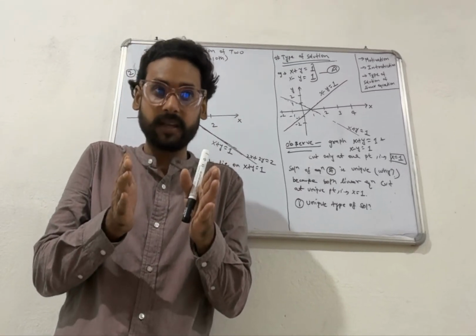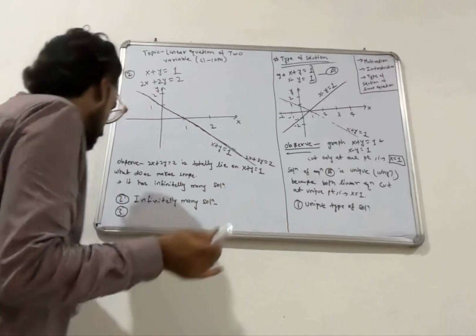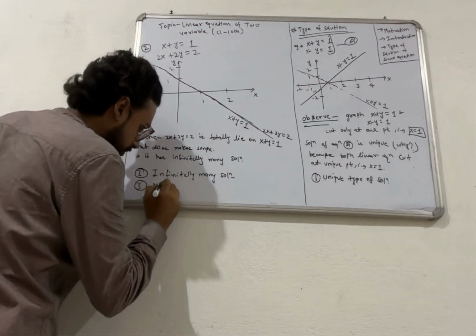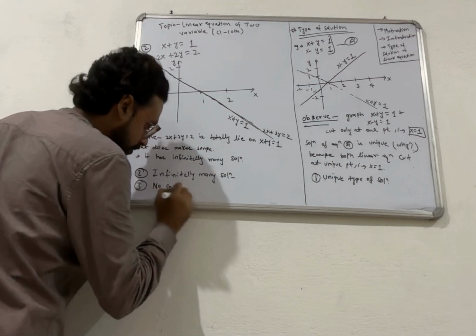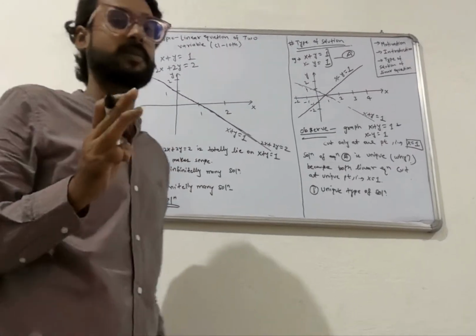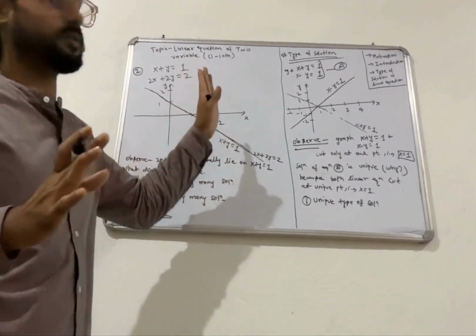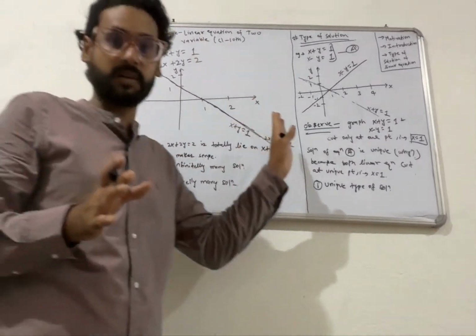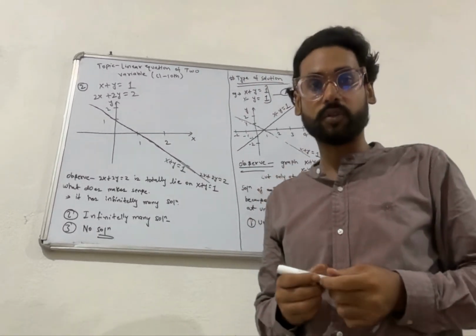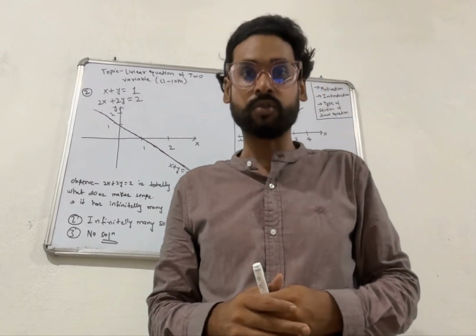Okay, so these are no solution. So there are three types of solution in linear equations of two variables. Okay. So thank you.